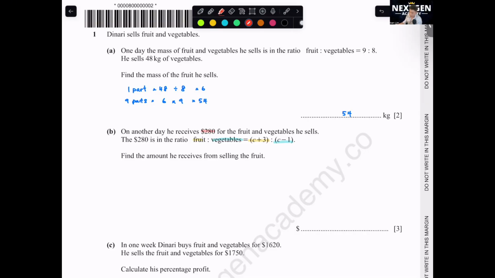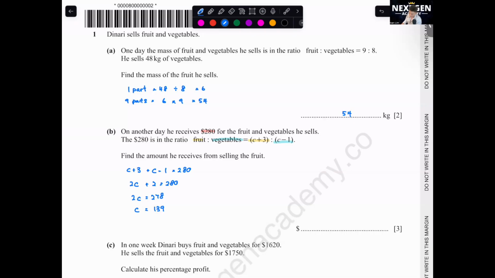I want you all to find the total parts first, which is all of this added together, equal to 280. So we can construct an equation: C plus 3 plus C minus 1 equals 280. Here will be 2C plus 2 equals 280. 2C equals 278. C equals 278 divided by 2, which equals 139.